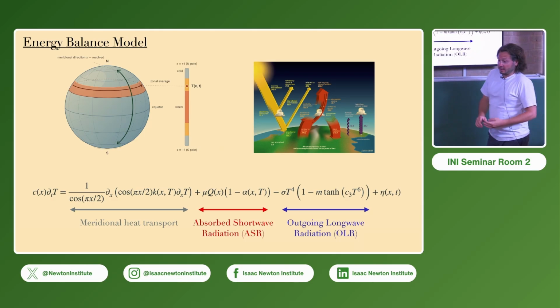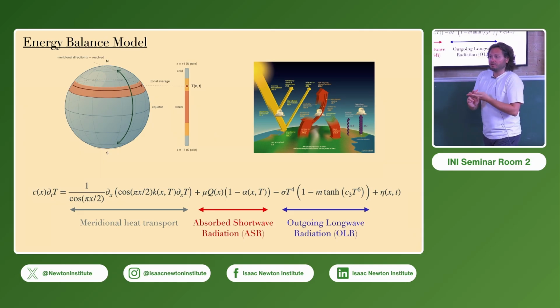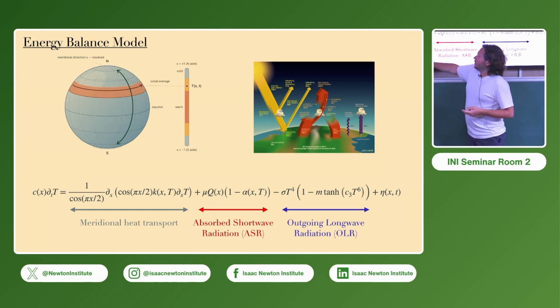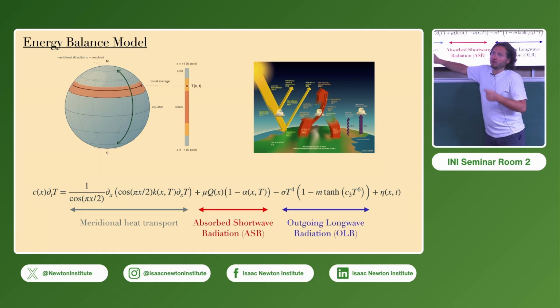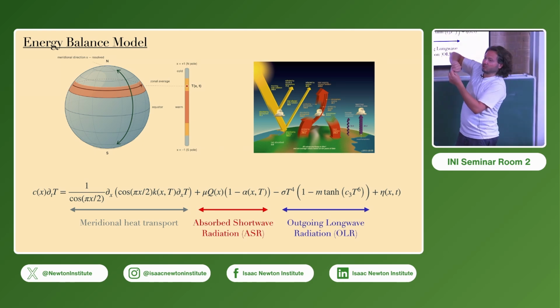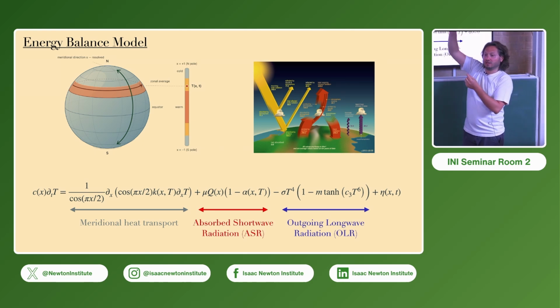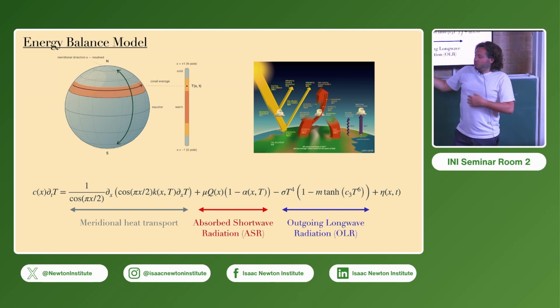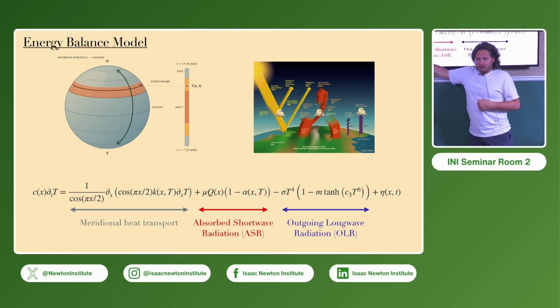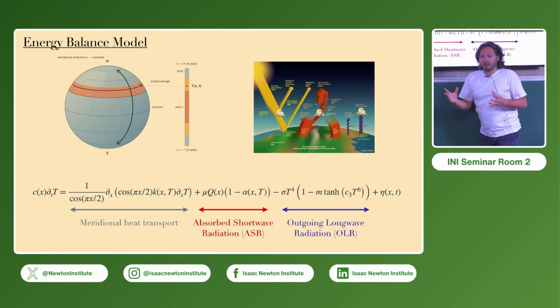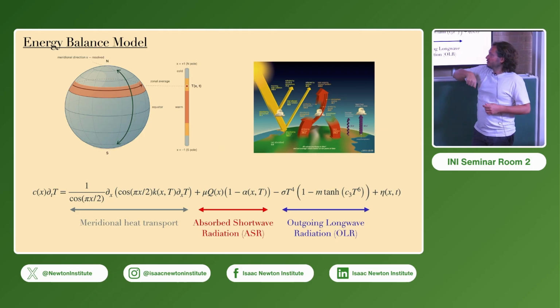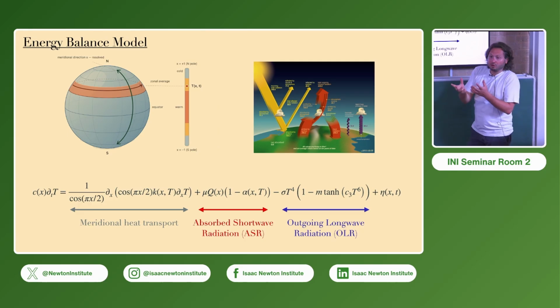And it's very simple. It has 3 physical processes. One is meridional heat transport, so how much of this energy is transported along this direction. This is super simple. It's parameterized as a diffusive part. There's no fluid in this model, for example, no fluid dynamics, which is usually what transports the energy.